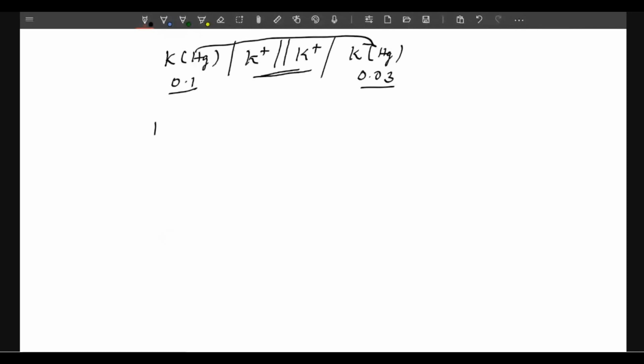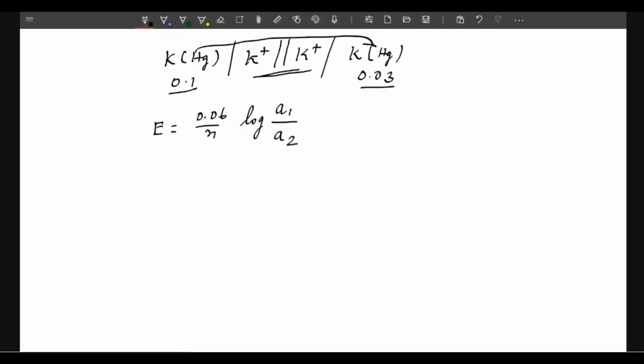EMF is equal to 0.06 by n into log of the activity in the anode by the activity in the cathode. Don't forget this for the electrode. For the electrolyte, it is the concentration of the cathode by the anode. Don't forget it.